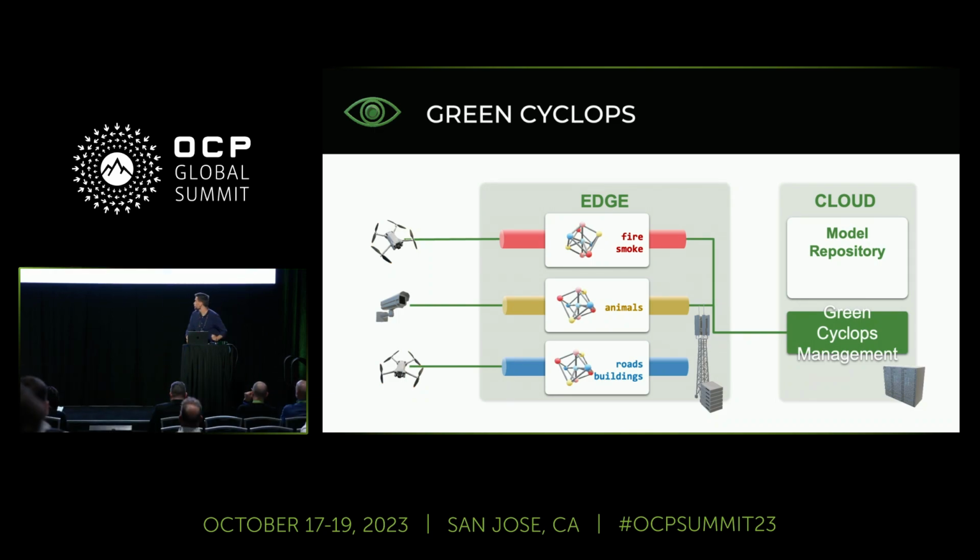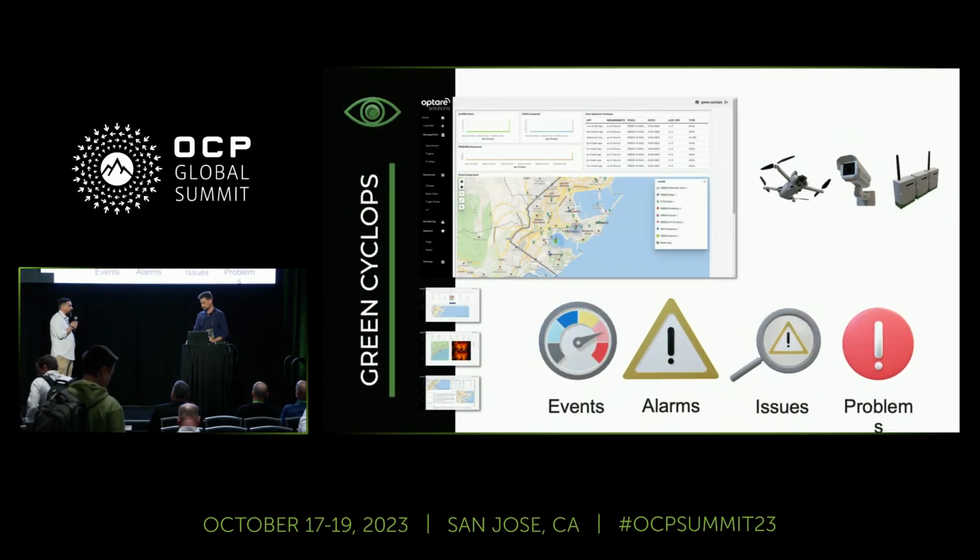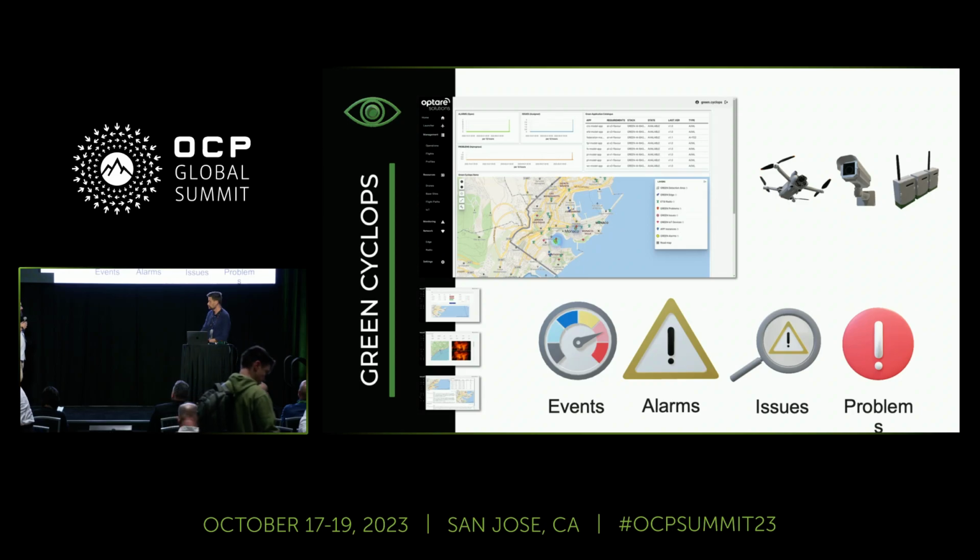As the detections are made by the inference models that we deploy in the application instance at the edge, events are generated. These events, as well as events from the IoT hubs, pass a correlation process to raise an alarm.